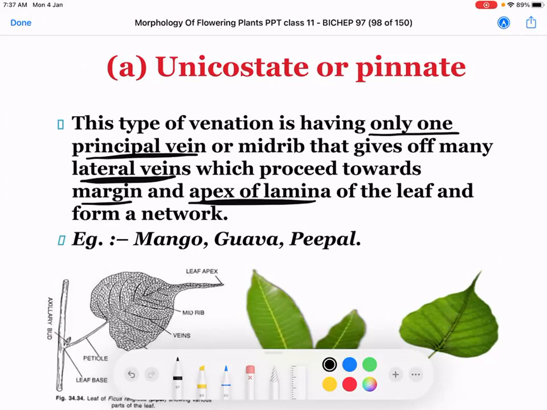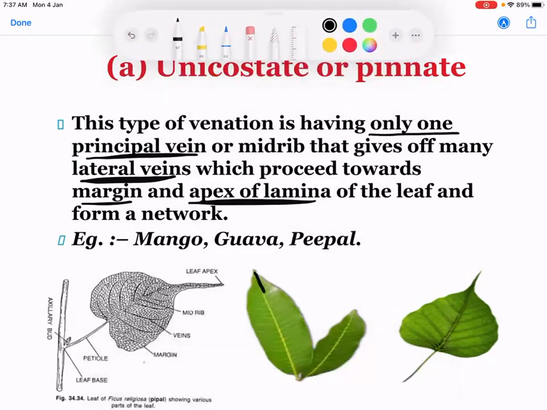Ready? So in the diagram, if you see, this is the midrib and it is giving off very fine lateral branches or lateral veins which are going towards the apex of the lamina.